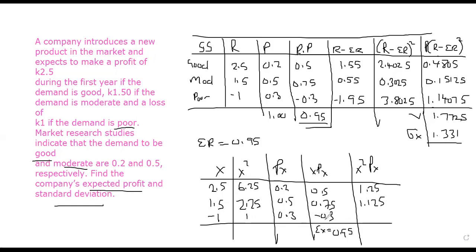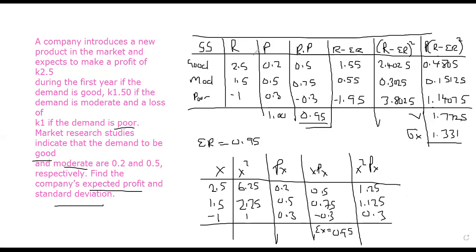Okay, then 1 times 0.3, we get 0.3. So we add them, we can then subtract, we can then find the standard deviation.